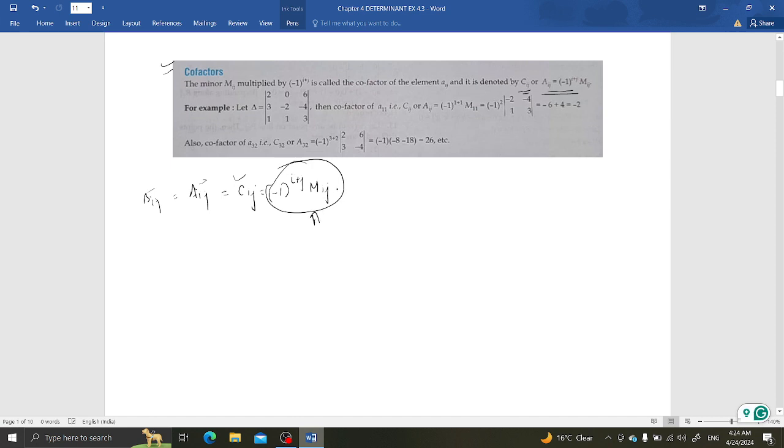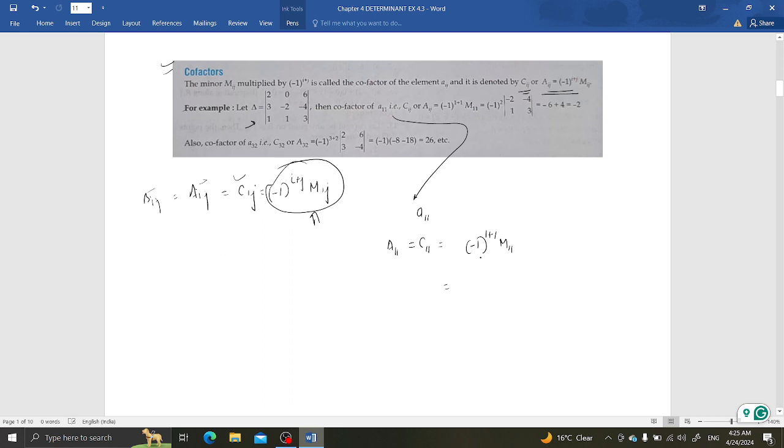Now let us discuss this definition by an example. Here we have a determinant 2 0 6, 3 minus 2 minus 4, 1 1 3. They are saying we need to find the cofactor corresponding to the position a11. This will be denoted by C11, or we can say A11. The formula we need to apply is minus 1 raised to the power 1 plus 1 times m11.